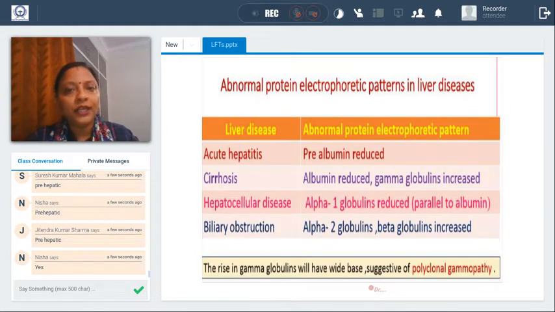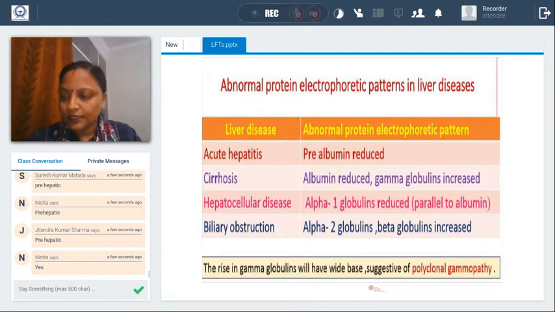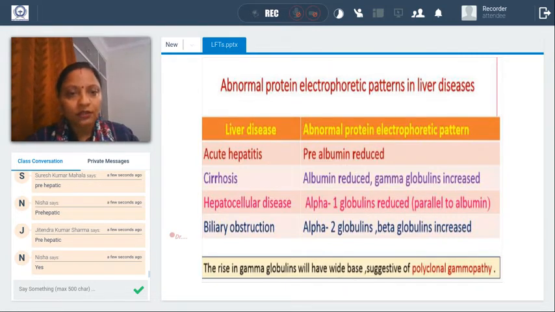Yes, abnormal protein electrophoretic patterns in liver diseases. In acute hepatitis, prealbumin, also called transthyretin, is reduced. In cirrhosis, albumin is reduced but gamma globulins may be increased.